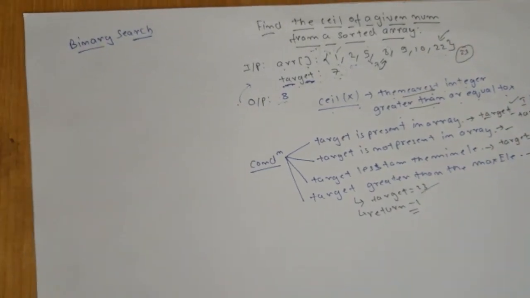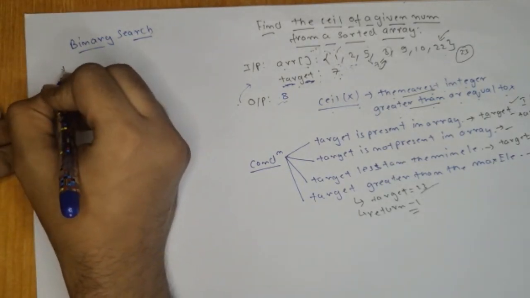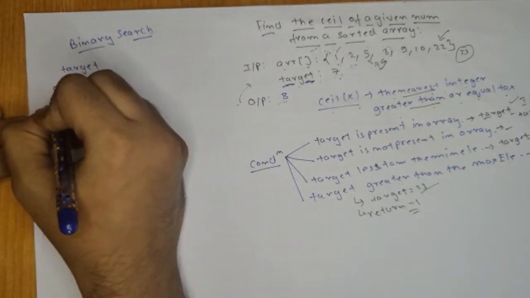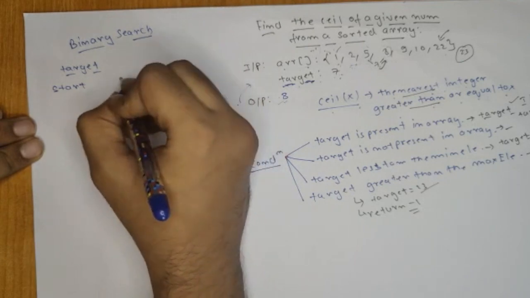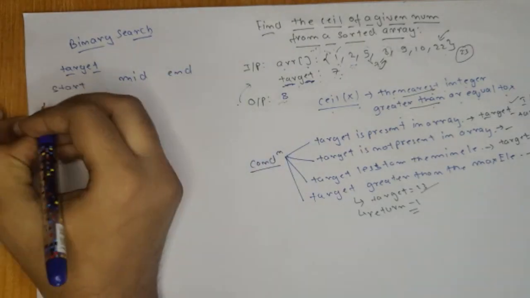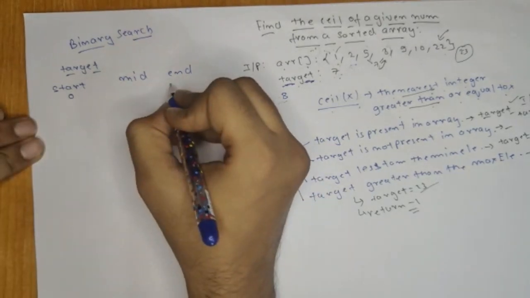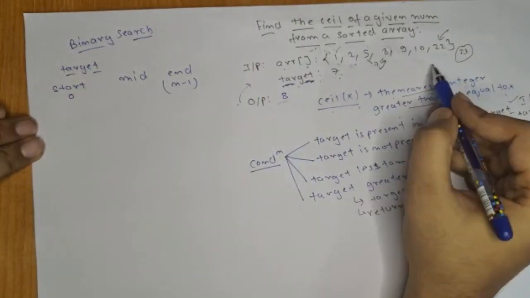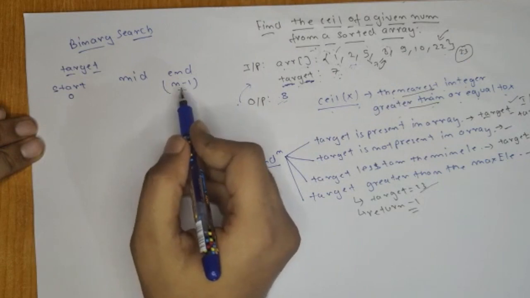So in binary search, first of all we will be given a target value. We have 3 pointers: start, mid and end. The initial value of start will be 0 and the initial value of end will be n-1, where n is the length of the array, which means the last index of the array.